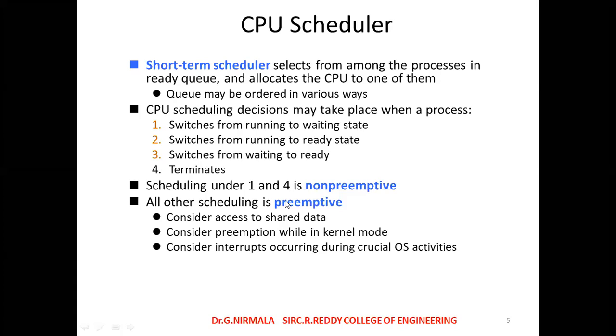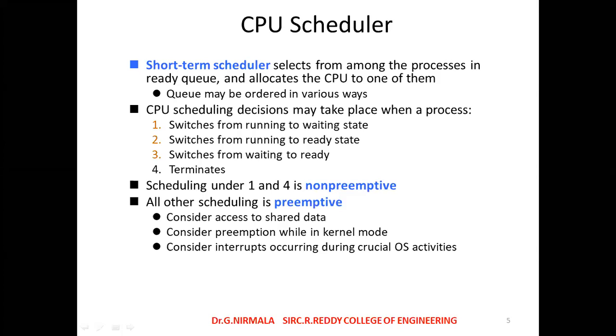That is called preemption. Means immediately, without the currently running process being left, it switches to the next process, which is called preemptive scheduling. Normally you have two types of scheduling: one is non-preemptive, the second is preemptive.